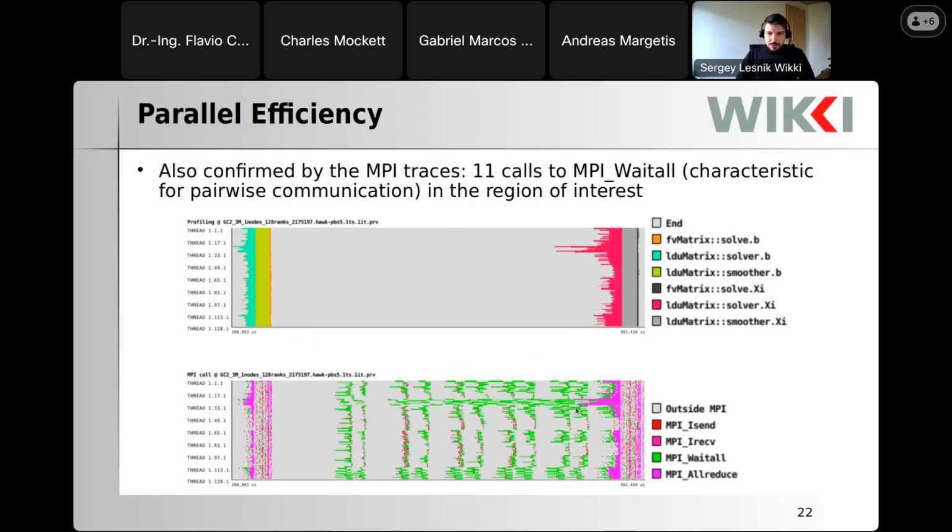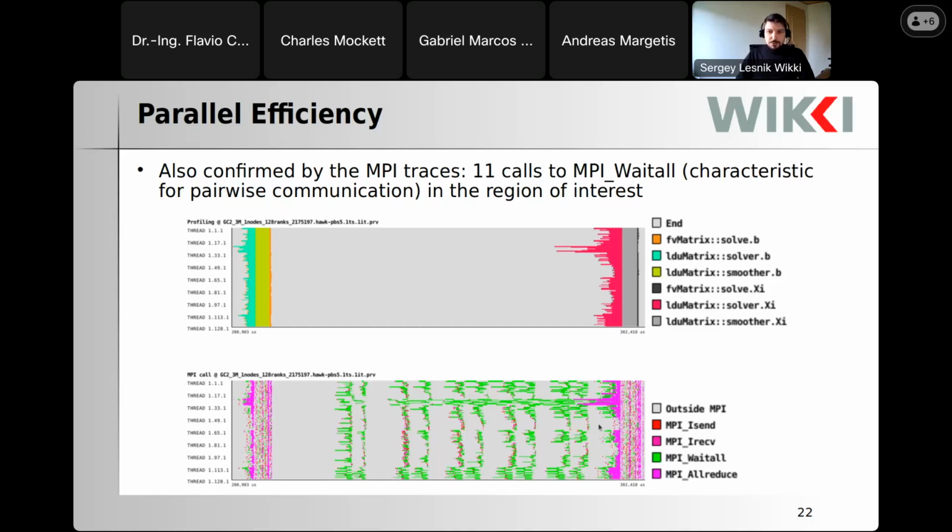Okay, and as you can see here in this MPI diagram on the bottom, there is a lot of time spent in MPI waitall and also MPI allreduce. You can see here, which is wasted time, right?